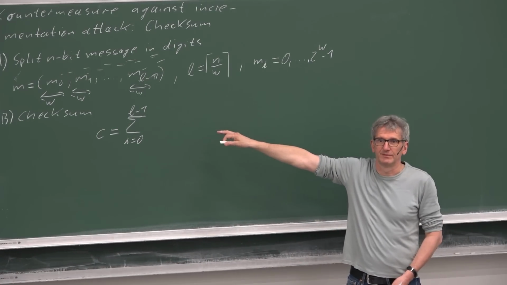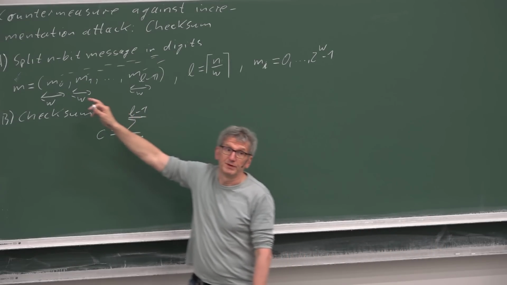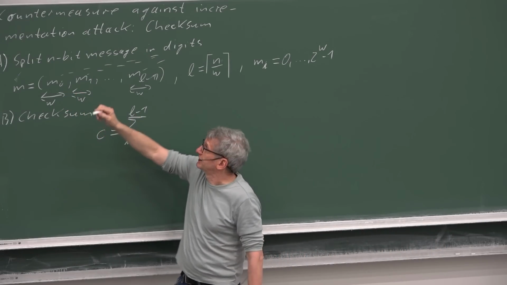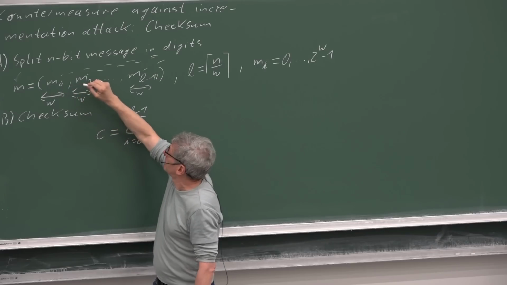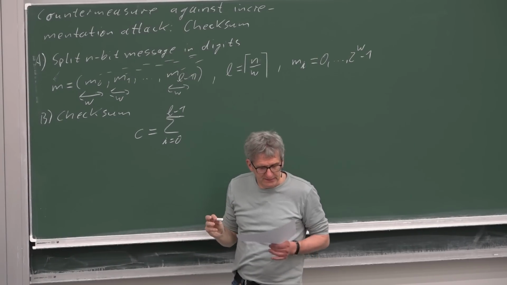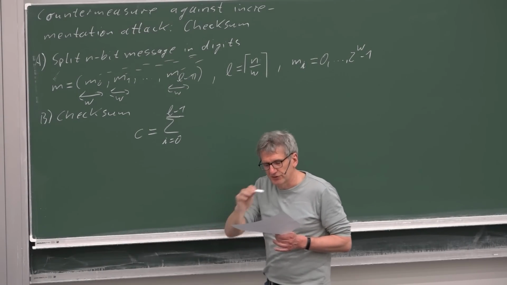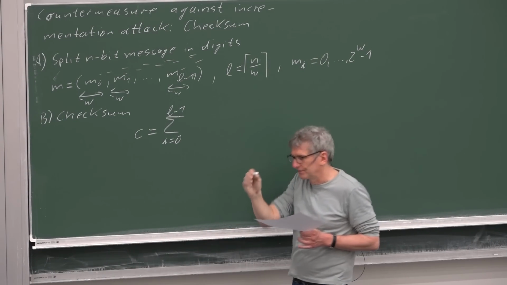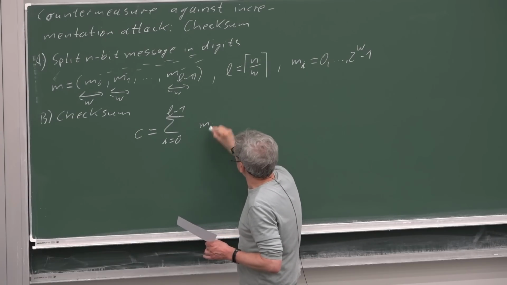You know the summation symbol, right? So it means we're touching each of these digits, M0, M1, M2 up to ML minus 1, right? And now the easy way, I have to be careful what I'm telling you, don't copy here. The easy way would be that.